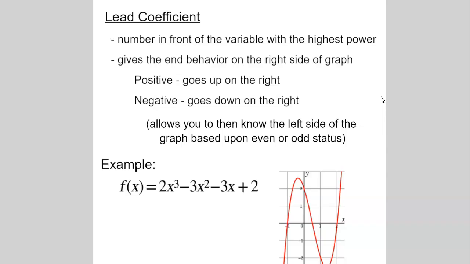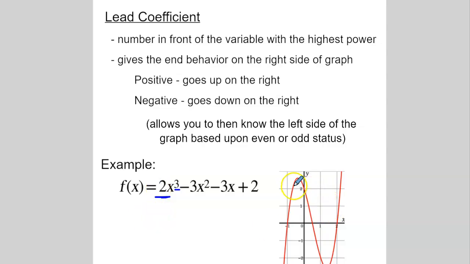So for example, let's say I didn't have the graph to this function at all. This graph wasn't even here. When I look at the equation, again, we have this odd degree. My lead coefficient is this positive 2. So because it's positive, I know that on the right side of my graph, it's going to go in a positive direction.